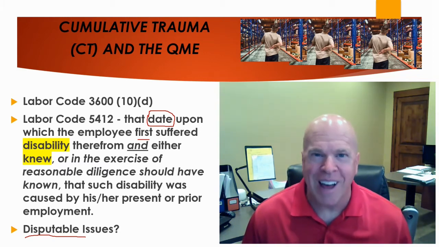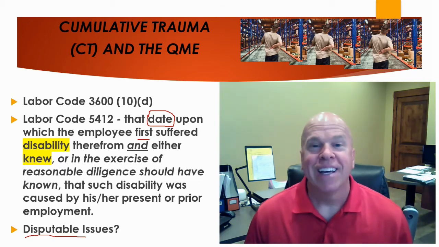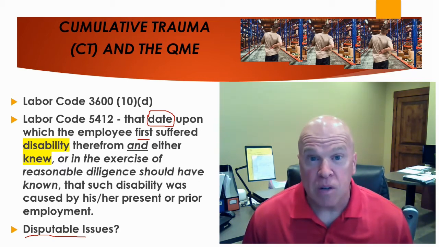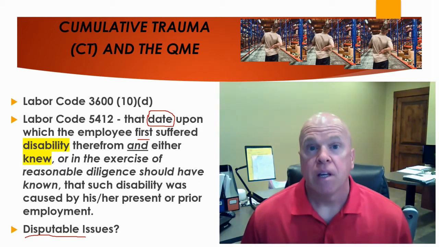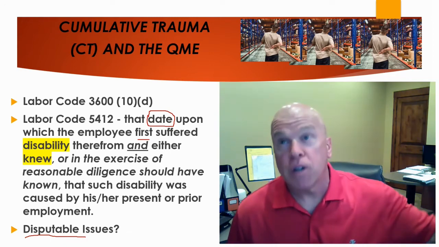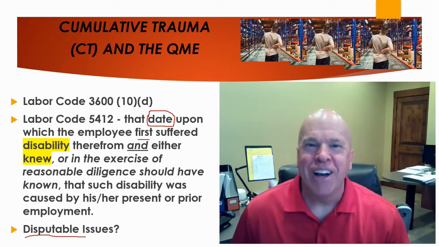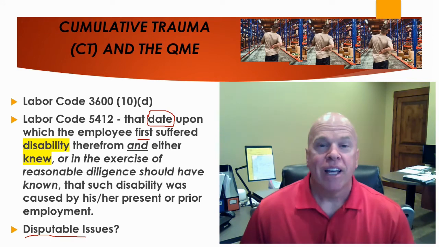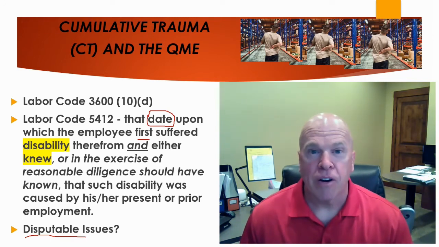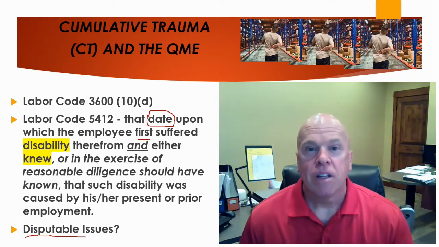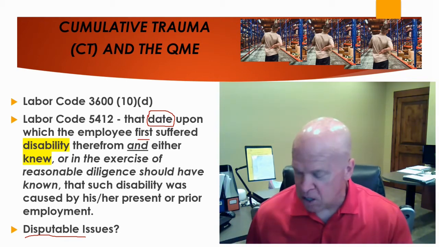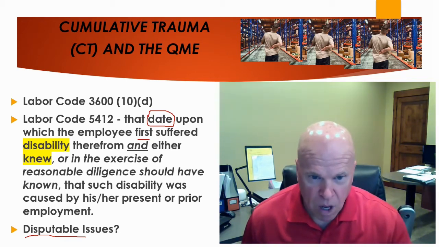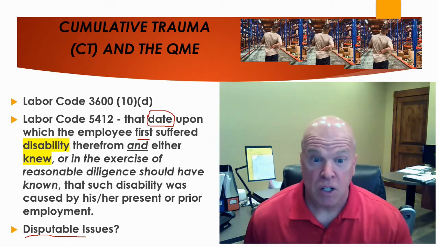Of course it can. And of course it does, especially when there's multiple insurers involved. One insurer is going to attempt to claim that the date of injury is when the other carrier was providing the coverage. And of course the other insurance carrier is going to say, no, the date of injury was when you were providing the coverage. Okay, so this is an area of great dispute.